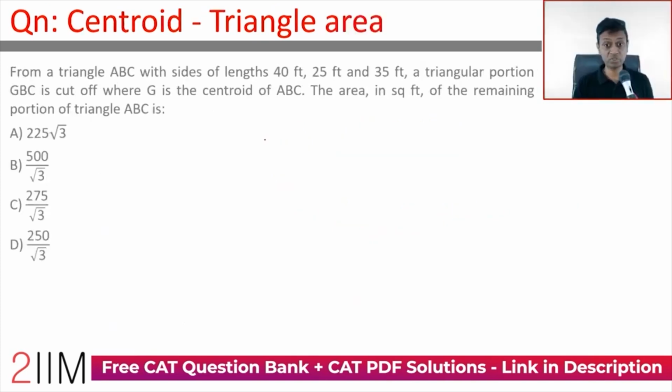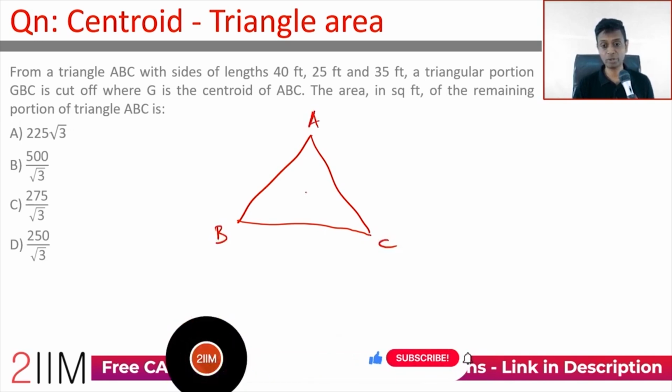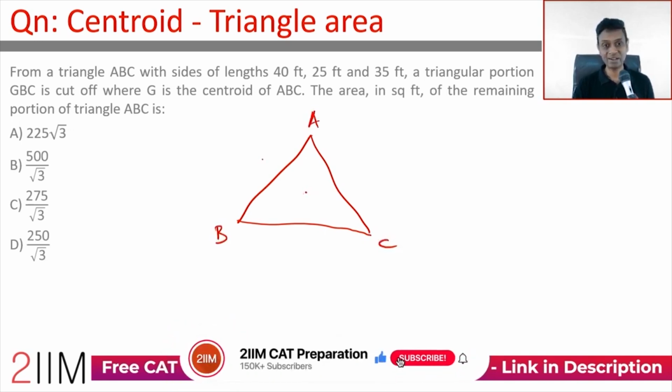From a triangle ABC with sides of lengths 40, 25 and 35, a triangle portion GBC is cut off where G is the centroid of ABC. Fine. So ABC, G is the centroid. And so 40, 25 and 35.